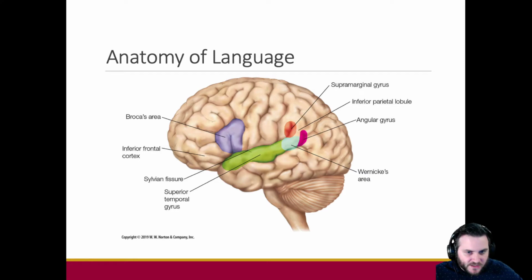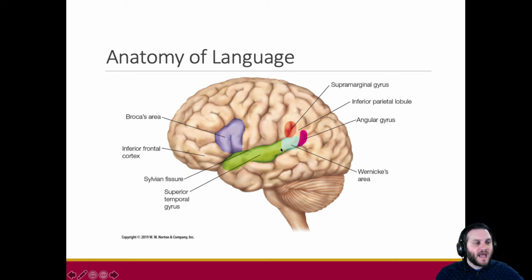Alright. So, these are the language centers that we're going to be talking about. A lot of fancy words. Of course, in your midterm, I asked you for the areas of what would actually be referred to as Broca's area, and then Wernicke's area, which is right here. It's not the whole superior temporal gyrus, as you can see.